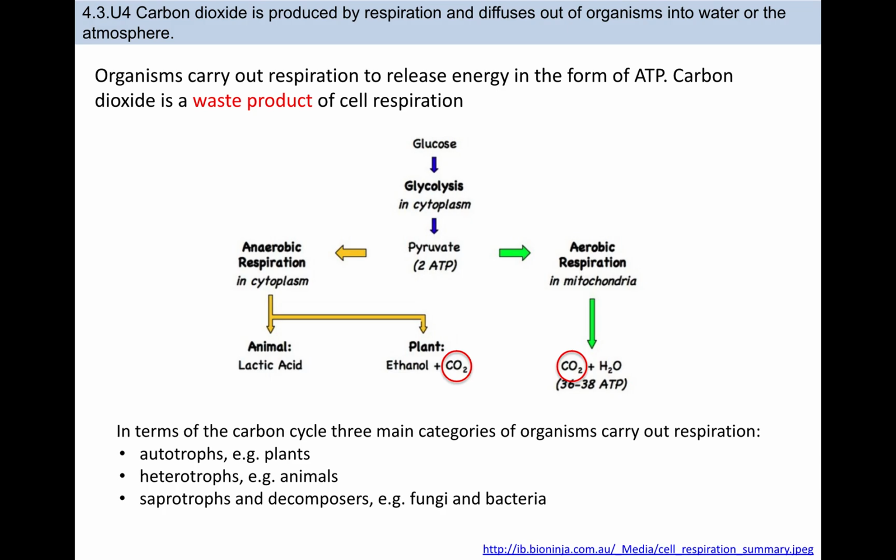There's the autotrophs, which would be plants, heterotrophs, which are animals, and saprotrophs and decomposers, which, remember, a saprotroph is like a fungus. They digest externally, and decomposers would be like typical bacteria who ingest, they digest internally. So those would be the organisms releasing CO2 doing cellular respiration. That CO2 will then flux back to the atmosphere or into the environment around it.